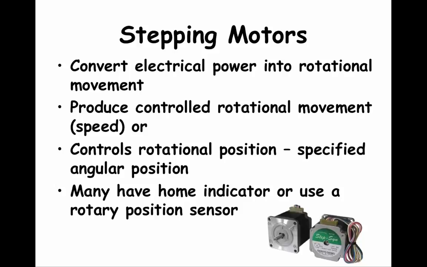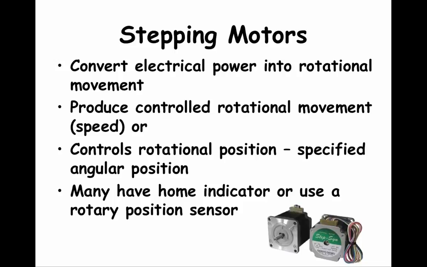Stepping motors are another category of devices that provide rotational motion from electrical power. We are not going to get into how stepping motors work. What I want you to know is summarized on this slide. Stepping motors can be used to produce controlled shaft rotational speed in terms of revolutions per minute.